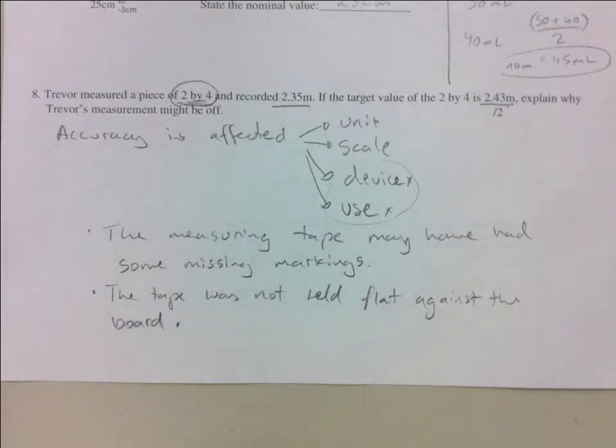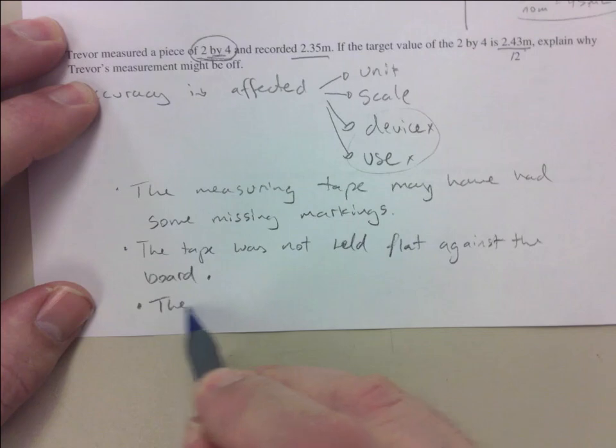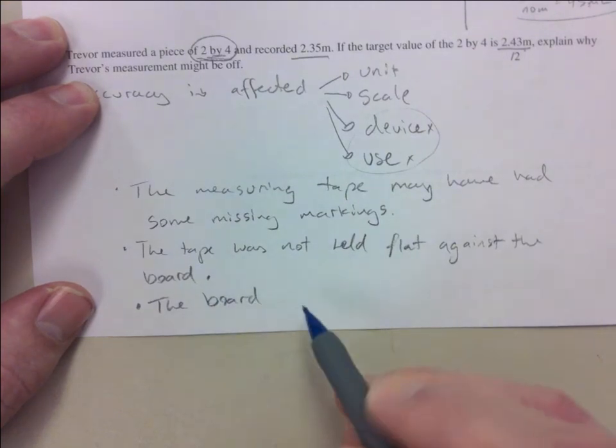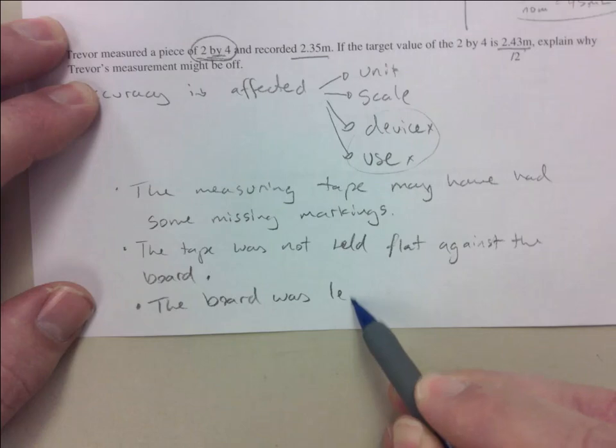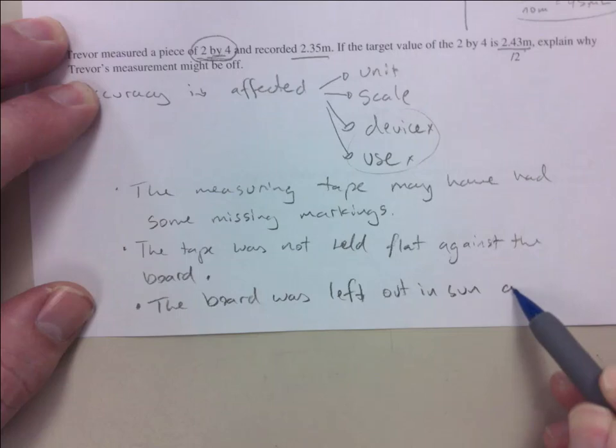I'm just thinking, like, I worked a little bit in construction, but what happens to lumber when you let it just lie in the sun all day? It's going to, like, warp, right? It's going to, like, bend and stuff. So maybe that could also be mentioned here. Okay. The board was left out in the sun and warped.